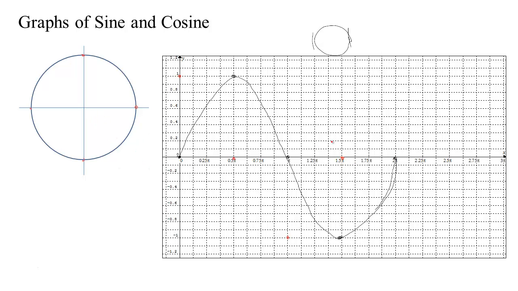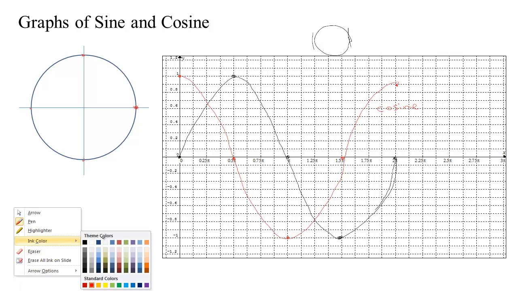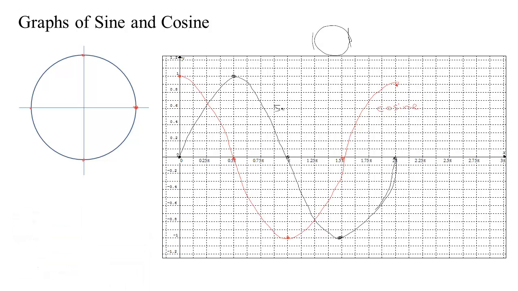You're either forward or behind the axis of your Ferris wheel. And when you come back to 2 pi, the cosine is back up to 1. This gives you a graph that looks something like this when you plot it. I'm asking you to trust me on the details, but this is the graph of cosine here, and if I go back to my original color, then this is the graph of the sine.